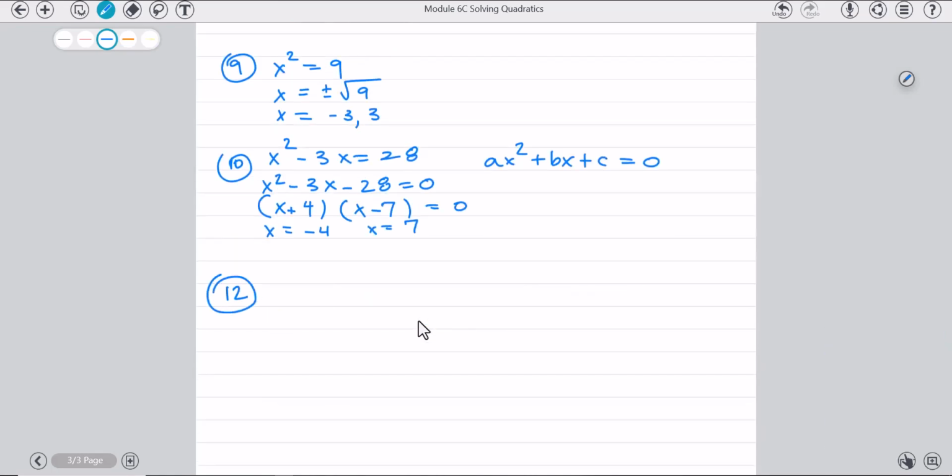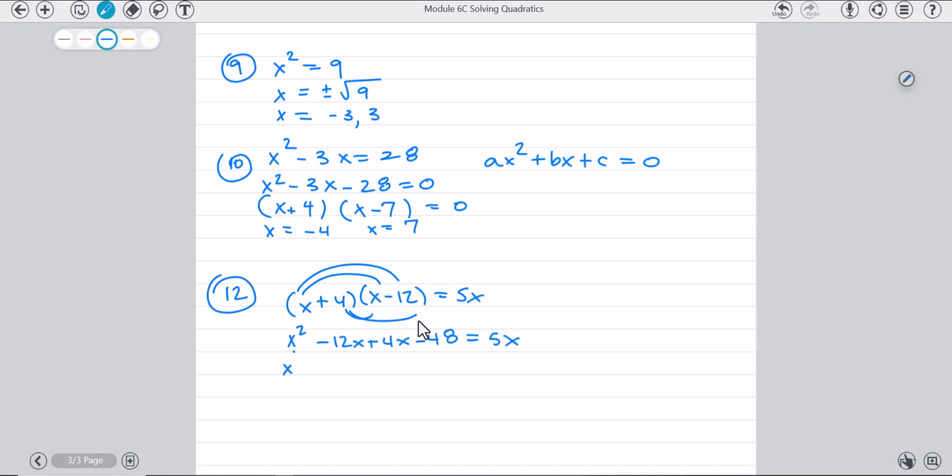I'm skipping to 12, where it has (x plus 4) times (x minus 12) equals 5x. The first thing I would do is FOIL this. So x squared minus 12x plus 4x, and then minus 48.